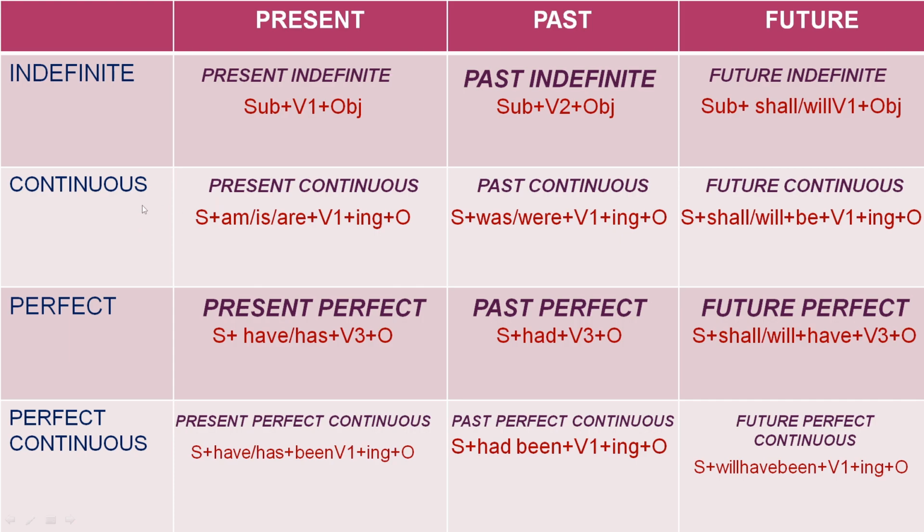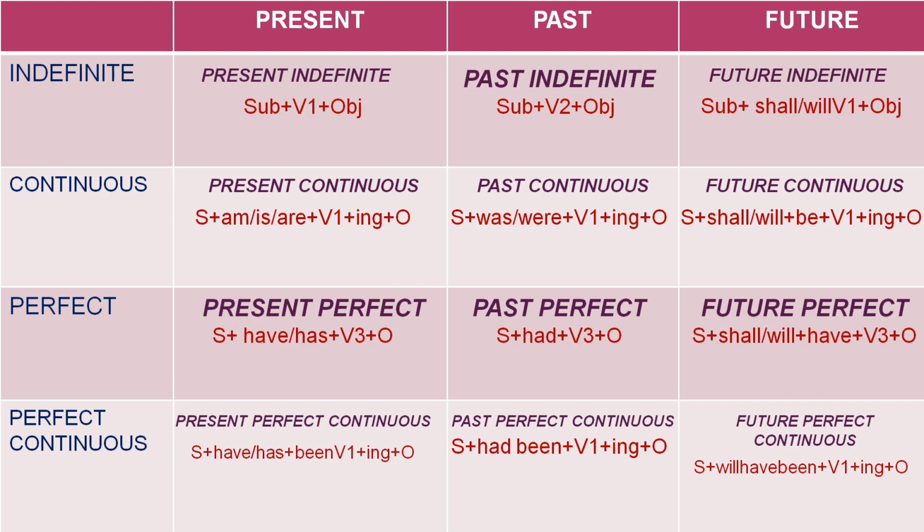you can see in this line, that means present continuous, past continuous and future continuous, the helping verbs are am, is, are. In this part, was and were. And as I told you, in the future line you have to use shall or will. Here it is shall be or will be. So in this line we have to use the be verb.